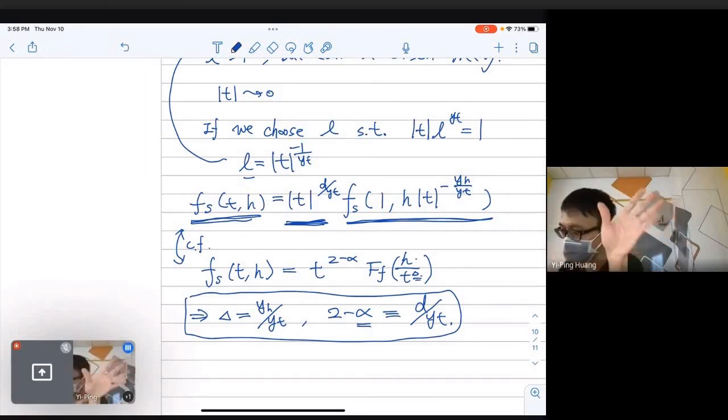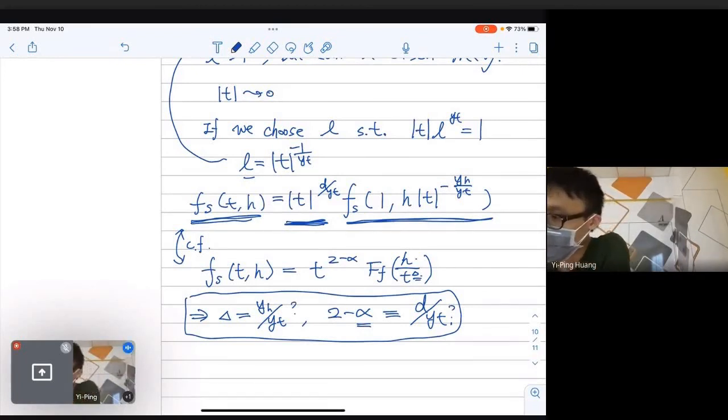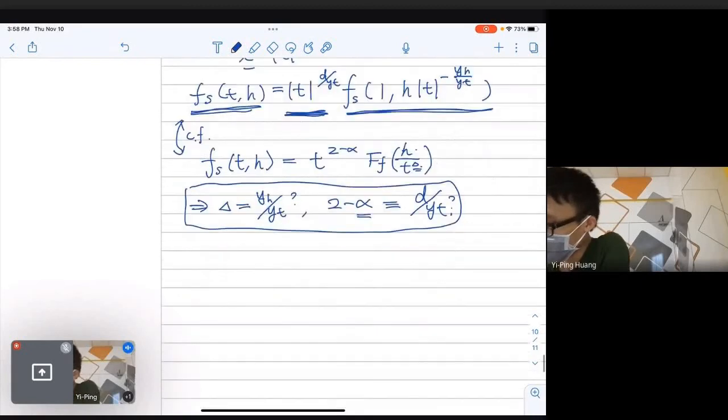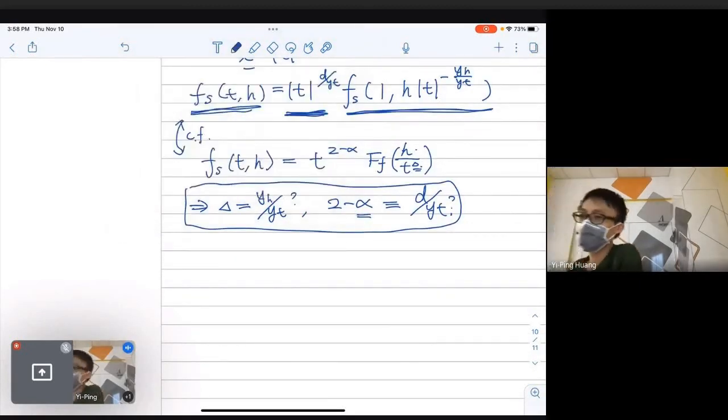Okay? But the question is, what is the value of this YH and YT? We don't know yet, but we will see how to calculate it a little bit later. We are not doing something useless. We are getting there, but we just need to have some patience and get things more accurate.